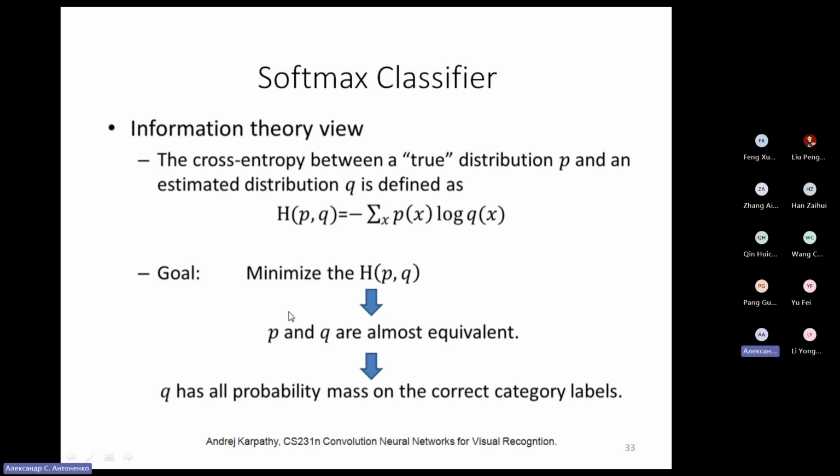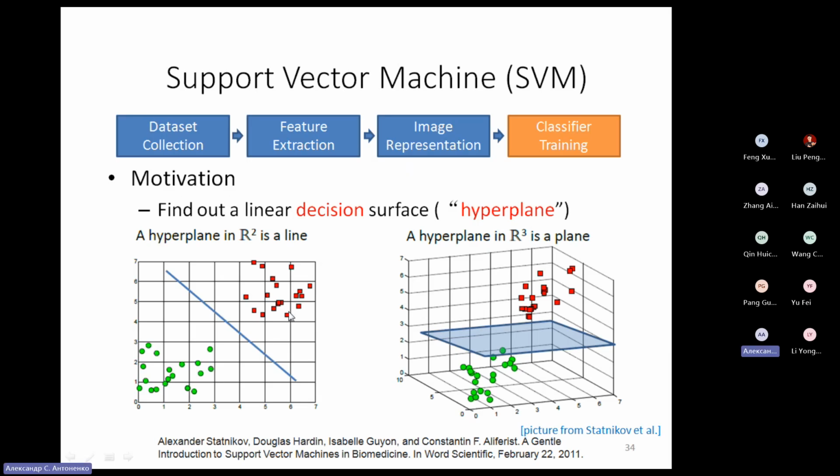Okay? How can we do it? For example, we can use support vector machines. And what is this classifier? Imagine that each feature is represented by 2 numbers, so x and y, on a plane. Our space is 2-dimensional.